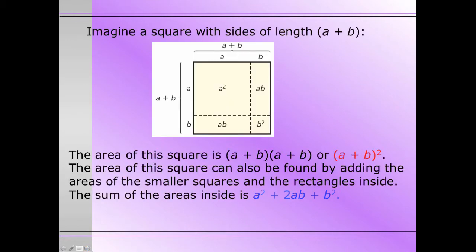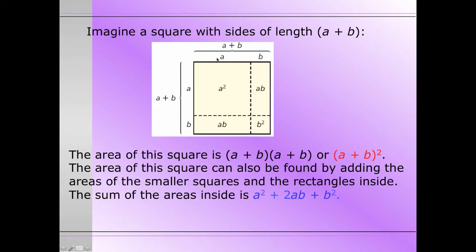Okay, so today we're going to be talking about special products of binomials. So I've got this square and it's got a side length of A plus B, and obviously the other side is also A plus B, it's a square.